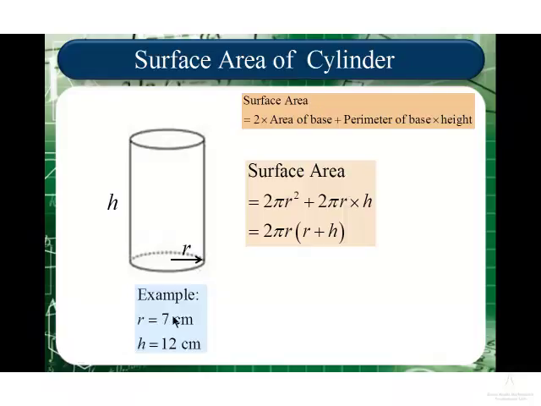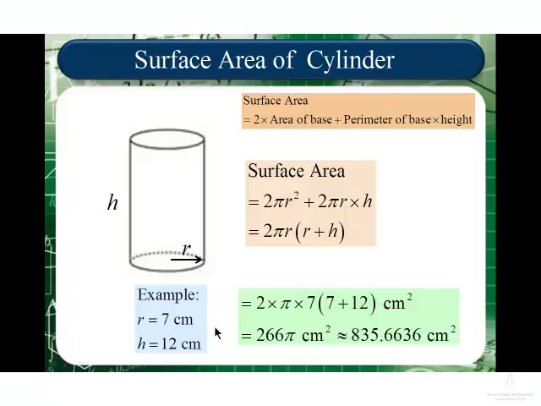If we apply it in the case where we have a cylinder with radius 7 centimeters and height 12 centimeters, then we substitute the values in the correct positions, and we have that the outer surface area of such a cylinder will be 266 times pi square centimeters, or centimeters squared, which, if you calculate it, check this, use your calculator, will be approximately equal to 835.6636 square centimeters. That is accurate up to 4 decimal positions.